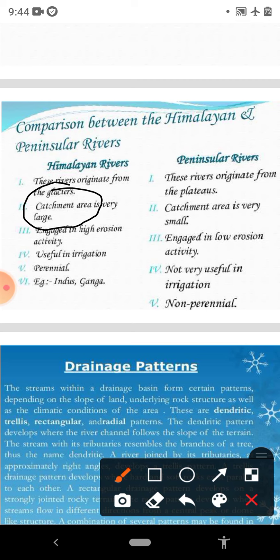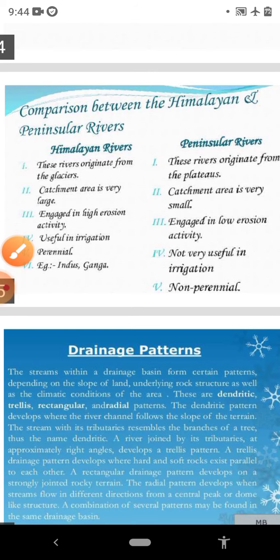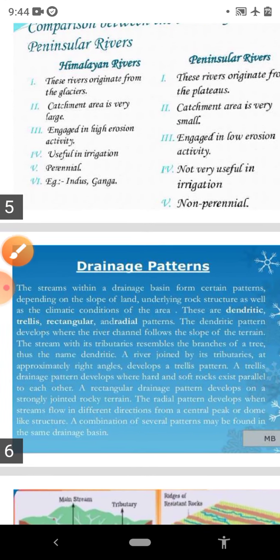So catchment area is large in the Himalayan river system, but in the peninsular river system, the area from which a river is getting its water is very small. You will go through the other important points of differences.